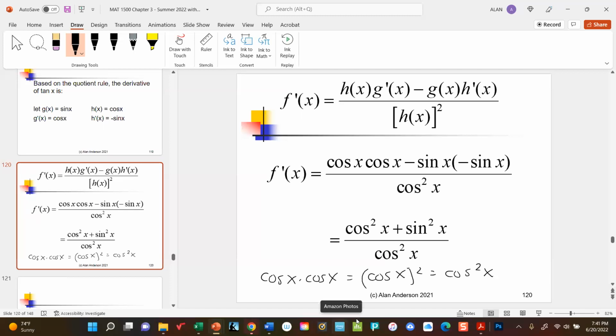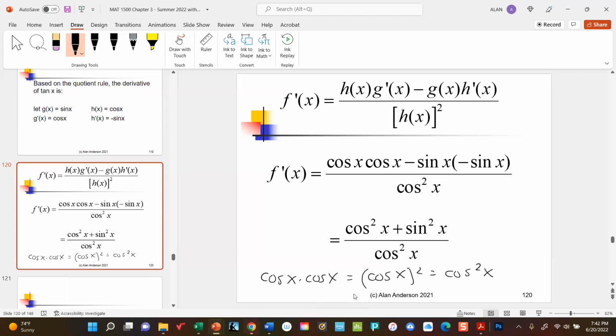Okay, just be aware of that. So anyway, if you notice in the numerator, we have this very interesting result, cosine x squared, sine x squared, cosine x squared, all over cosine x squared.